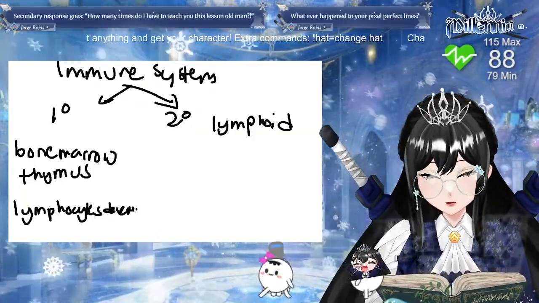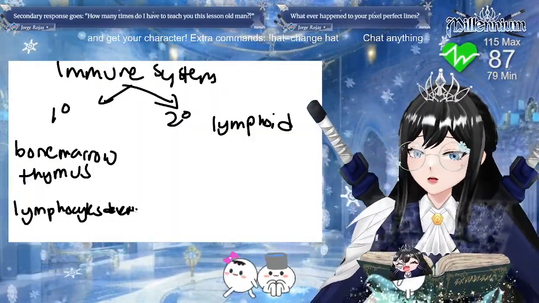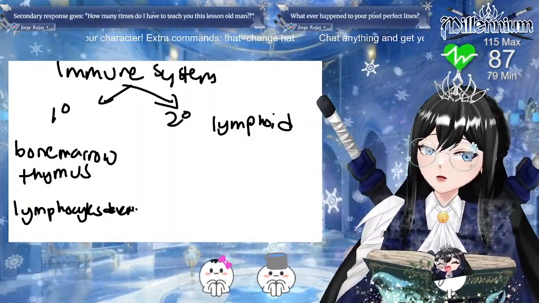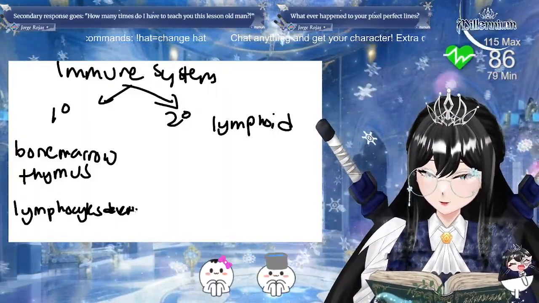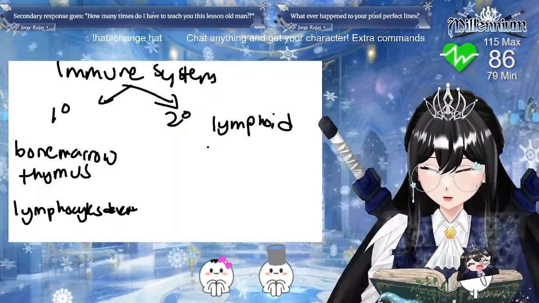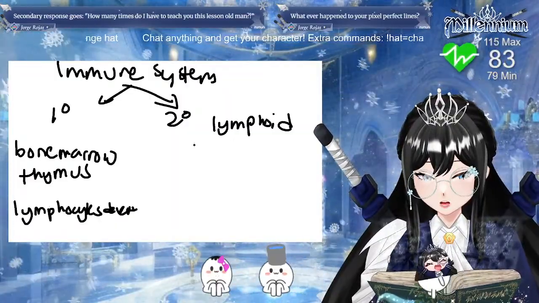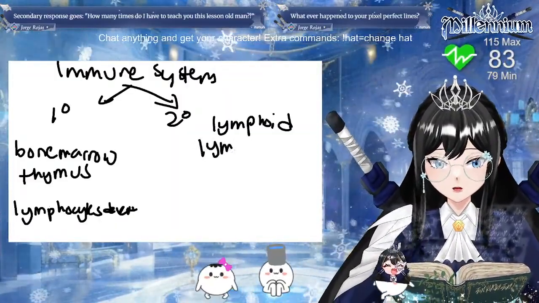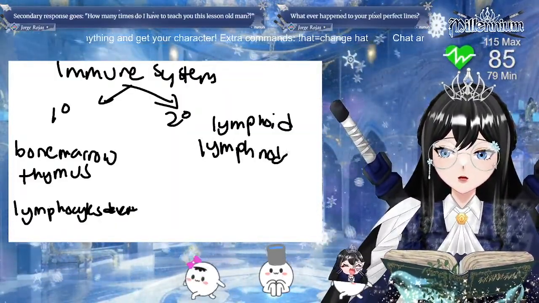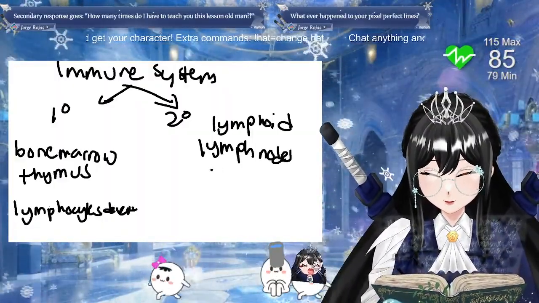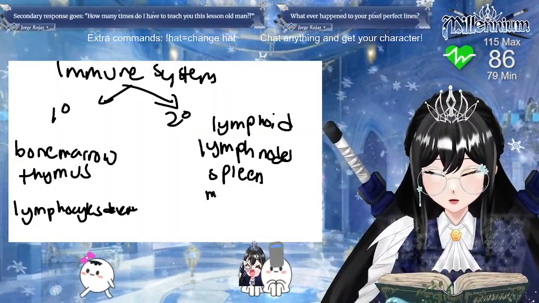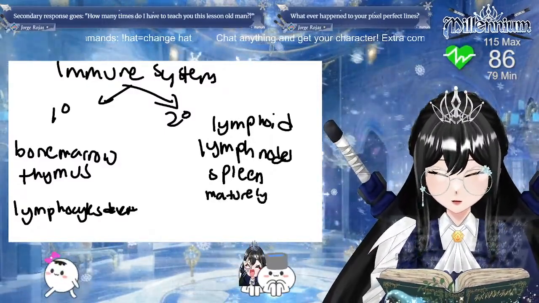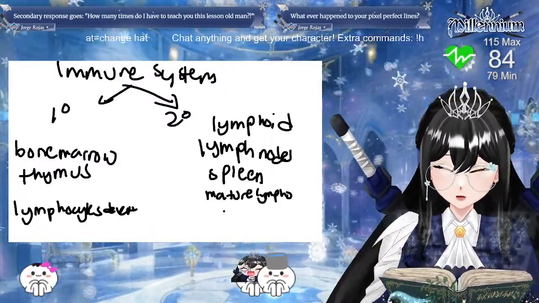So, primary lymphoid tissues, those are your bone marrow and thymus. Lymphocytes develop there. And then you have the secondary lymphoid tissue, aka the lymph nodes, your spleen, and etc., where the mature lymphocytes would encounter the antigens.